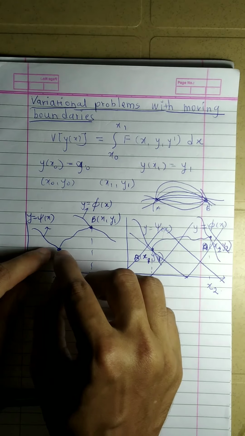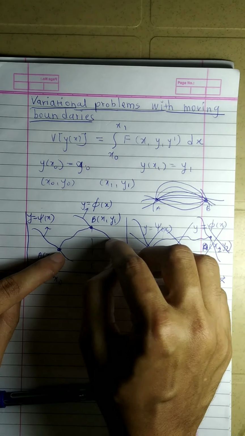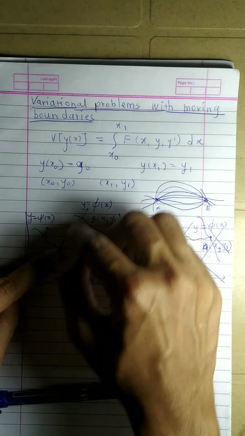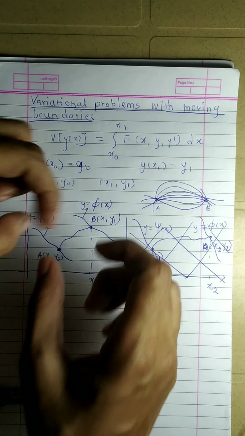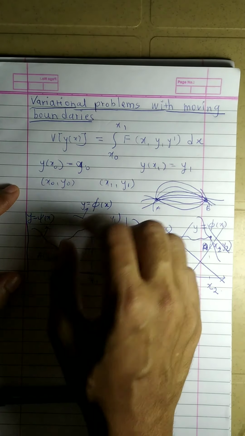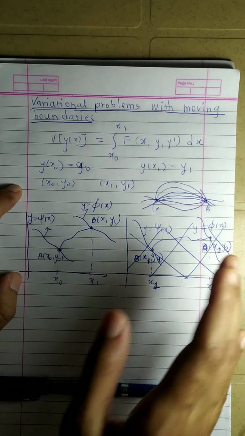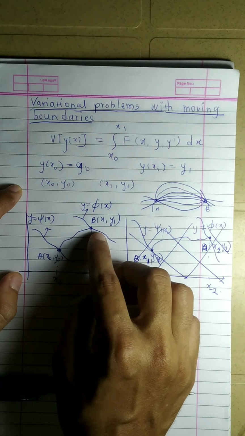That means I will have to travel from here to here, and from the next point to here, and accordingly select that curve along which the distance is the minimum one. Hence that problem gets reduced to this moving boundary value problem.